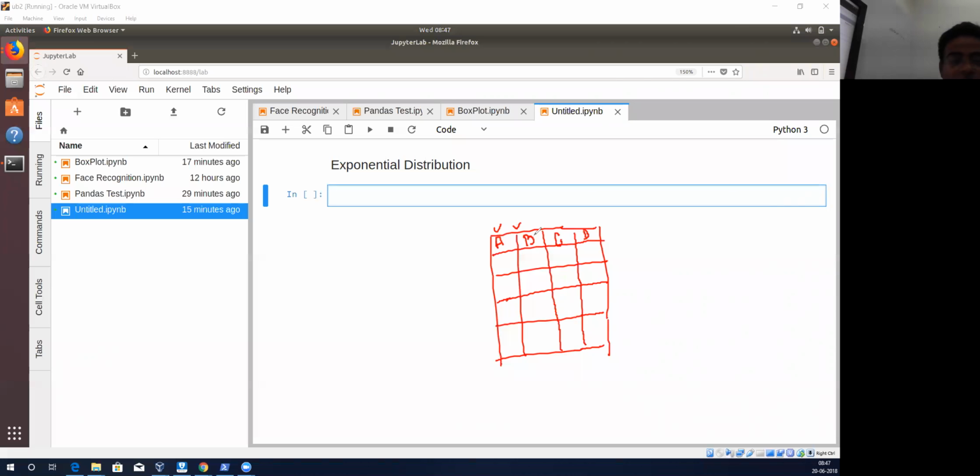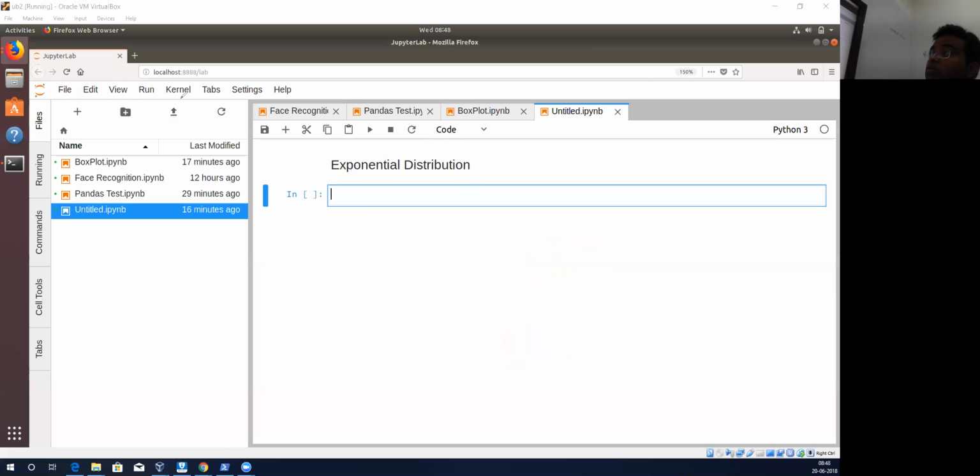Now there is a function which tells you correlation. Suppose in Pandas, let me create a data frame.